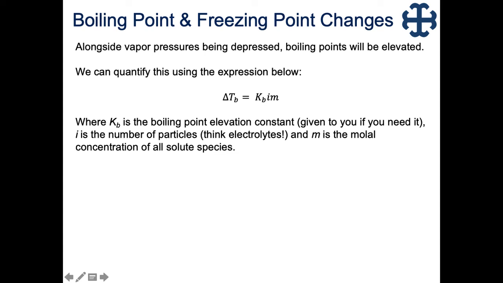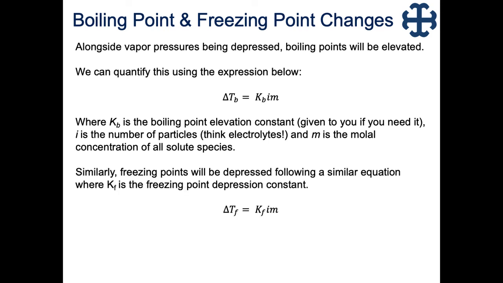I would, of course, give that to you by i, which is the total number of particles in our solution, and then the molality. And so we'll, again, practice this in class, but i becomes important when we have ionic compounds that dissociate to form multiple particles in water compared to covalent compounds that just simply dissolve without dissociation, right? And we have a corollary there.